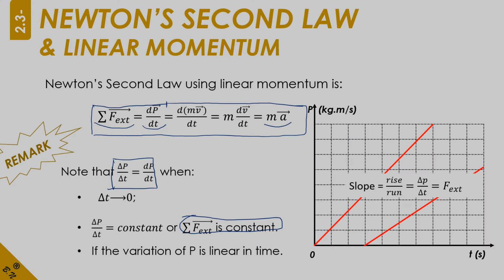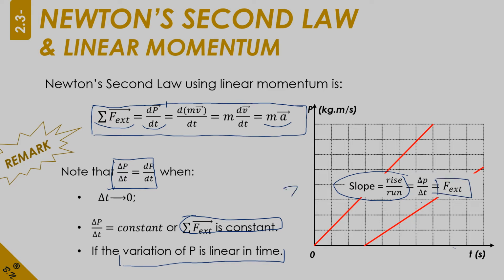Third, which is also very important, is when the variation of momentum P with respect to time is linear. In this scenario, the slope, which is rise over run, is delta P by delta t, which is change in y over change in x, and which is also equal to F external.